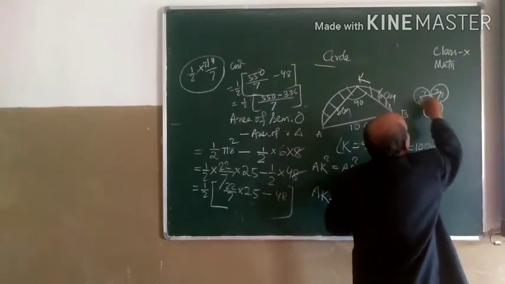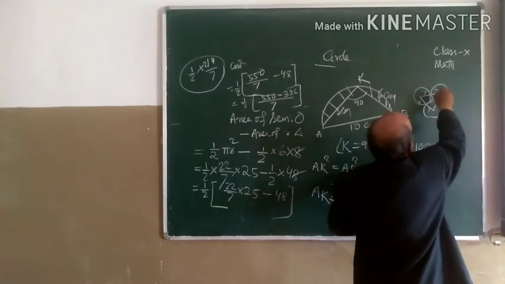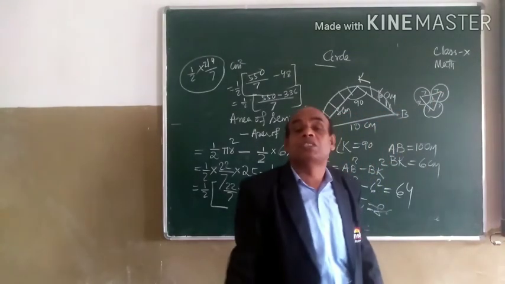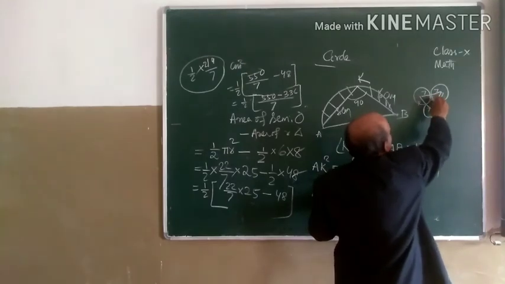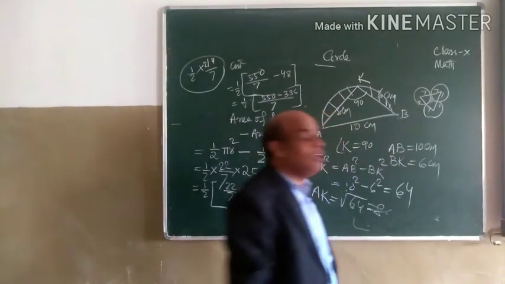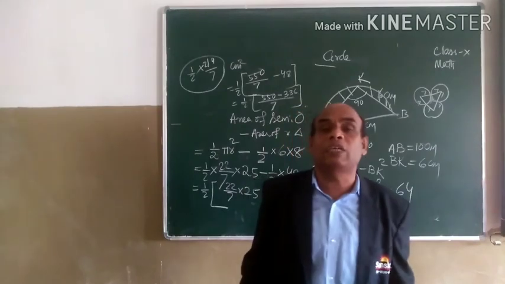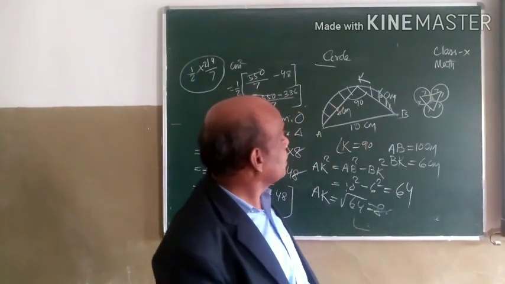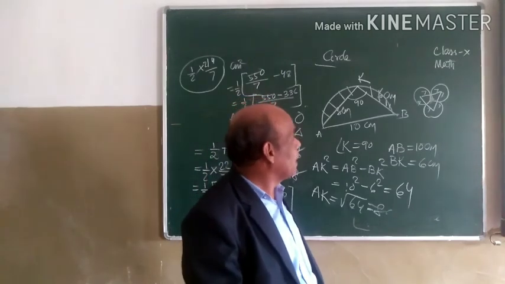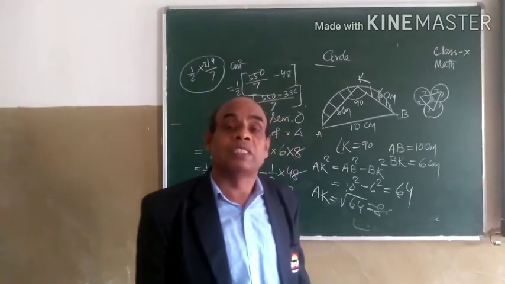Find the area of the shaded portion. Shaded portion means this middle portion. If 3 equal circles having radius 7 centimeter are touching each other, you have to find out the area of the shaded portion.